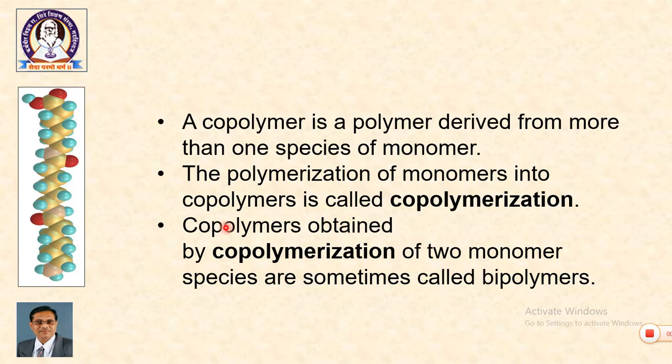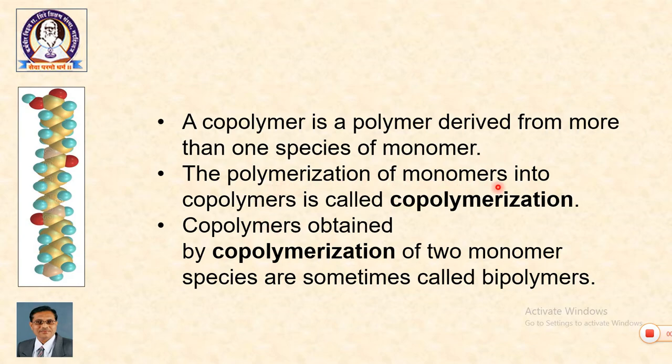There is another polymer called a copolymer. A copolymer is a polymer derived from more than one species of monomers. More than one species of monomers undergo polymerization, and it is called a heteropolymer or copolymer.